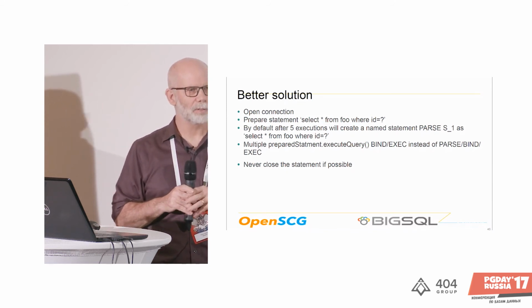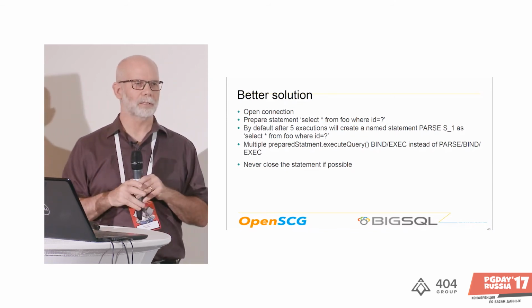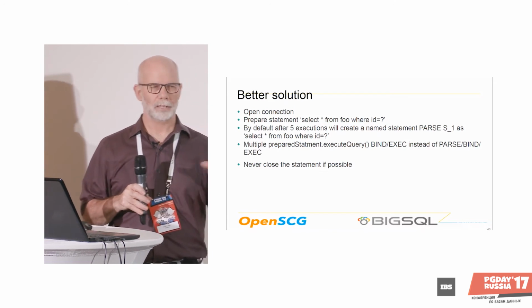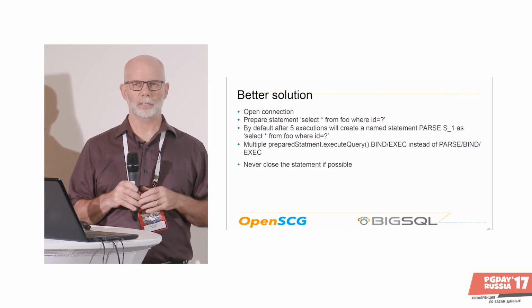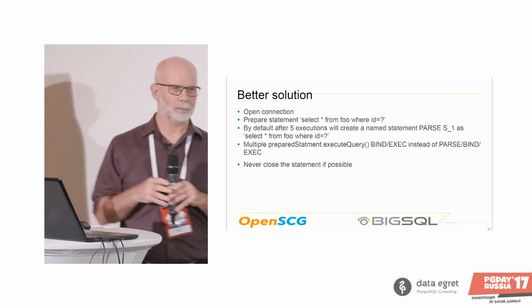In non-binary mode, everything is sent over the wire in text. So integers are sent over as text, dates are sent over as text, varchars, of course, are sent over as text, and everything that comes back is sent over in text.